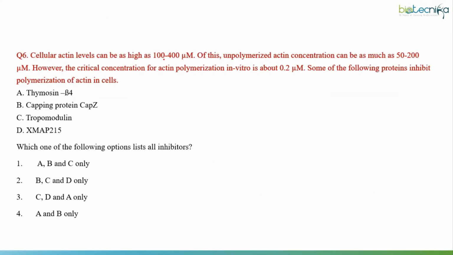Cellular actin levels can be as high as 100 to 400 micromolar, and of this, unpolymerized actin concentration can be as much as 50 to 200 micromolar. However, the critical concentration of actin polymerization in vitro is about 0.2 micromolar, and some of the proteins inhibit the polymerization of actin.